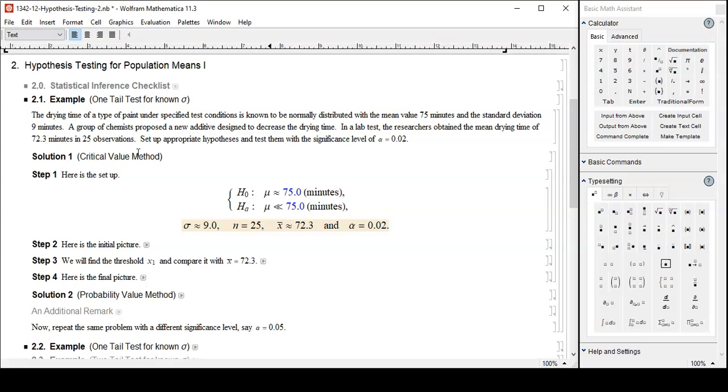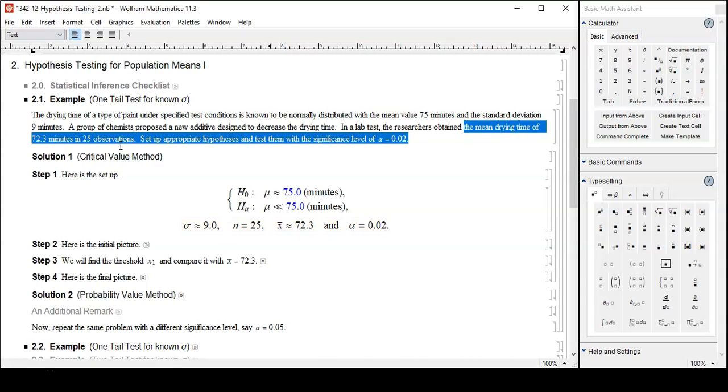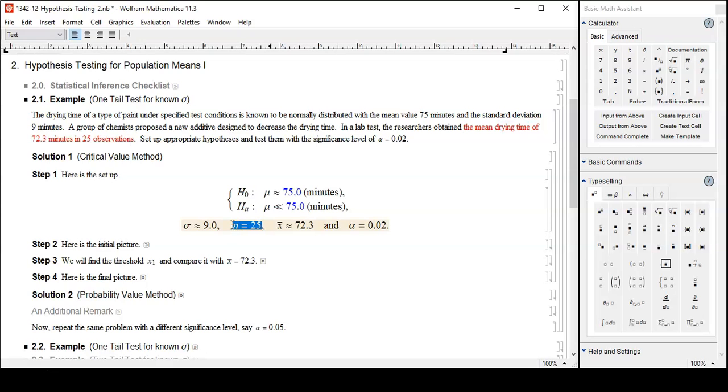The mean drying time of 72.3 minutes in 25 observations. So we are talking about a sample size of 25 and a sample mean of 72.3. Those are straightforward. And the significance level of 0.02.